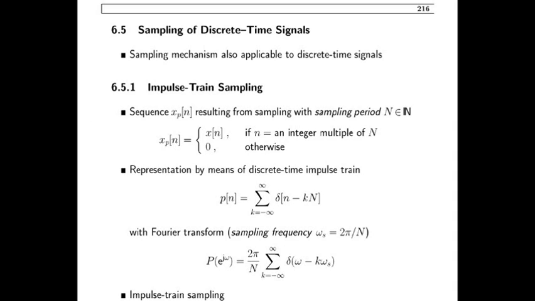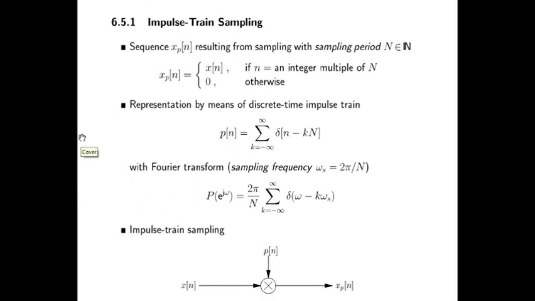The representation by means of a discrete time impulse train p[n] will be the summation over k from minus infinity to infinity of delta[n minus kN], and with the sampling frequency omega_s equal to 2 pi by N, the Fourier transform of p[n] will be this.